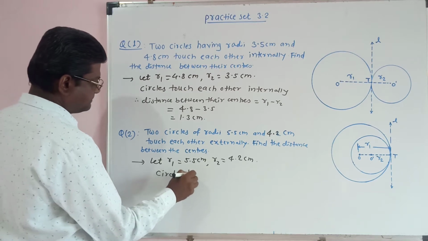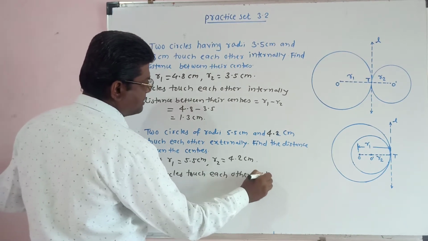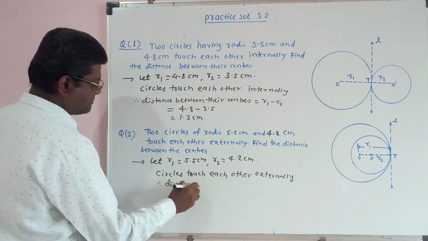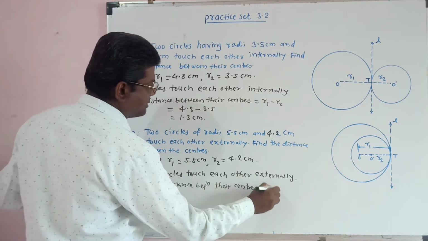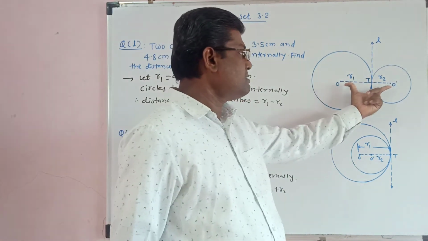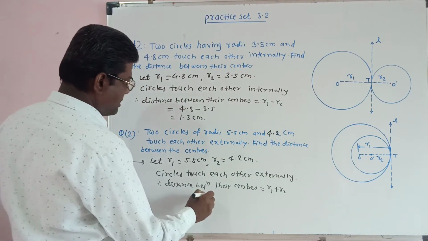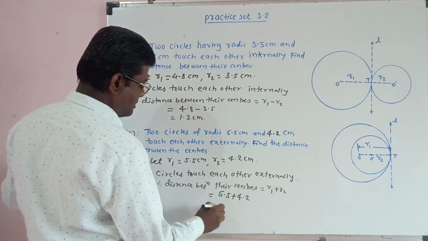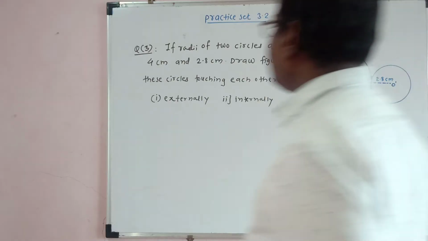Circles touch each other externally, therefore distance between their centers O O dash is equal to R1 plus R2, which is 5.5 plus 4.2, equal to 9.7 centimeter.